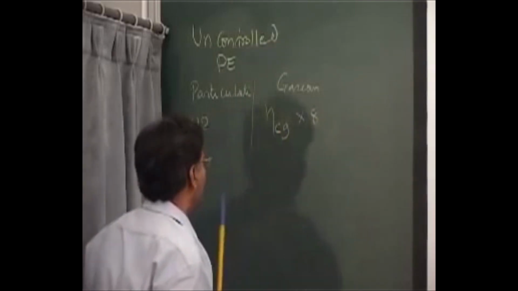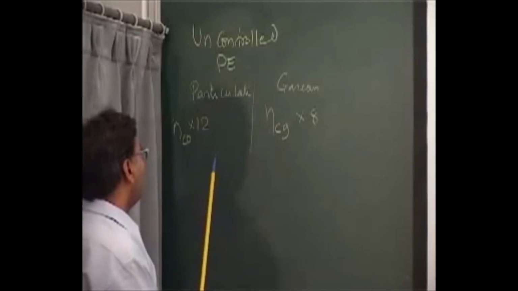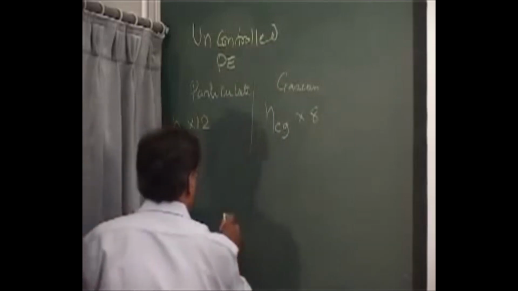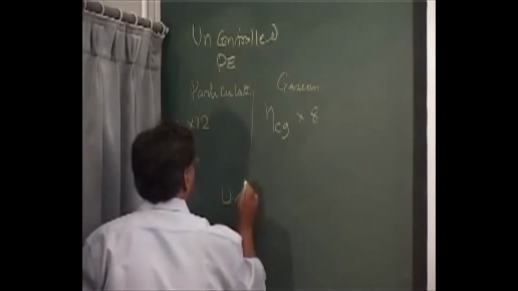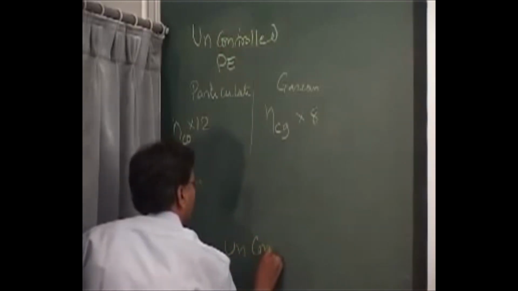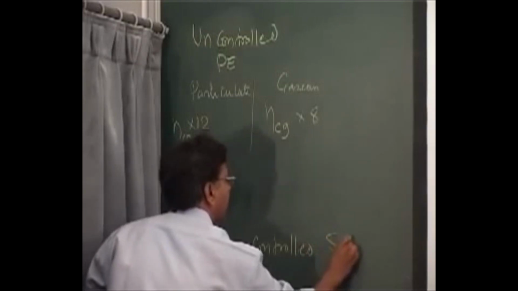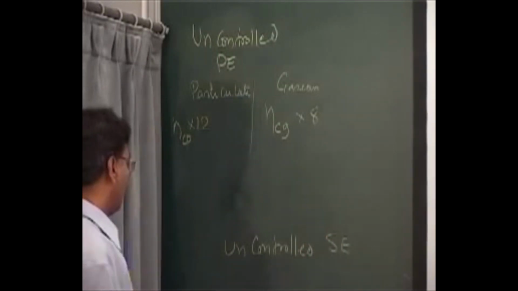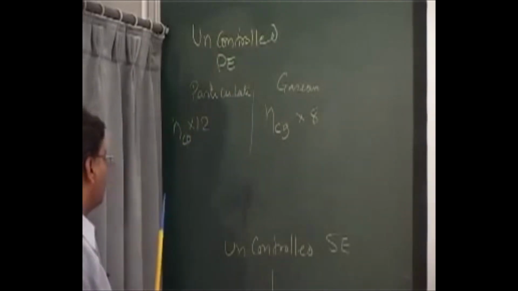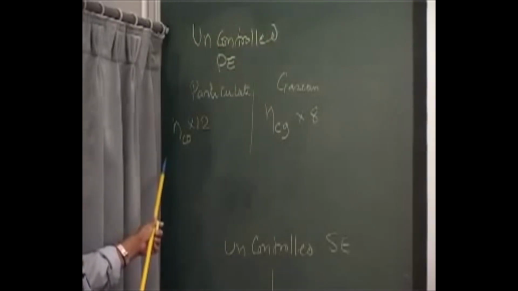8. Okay. This is the uncontrolled particulate primary emissions. If I also want you to write uncontrolled, let's write a little below here, uncontrolled secondary emissions. If you like, again we can do separately for particulate and gaseous. So here I write 1 minus NCP, right?